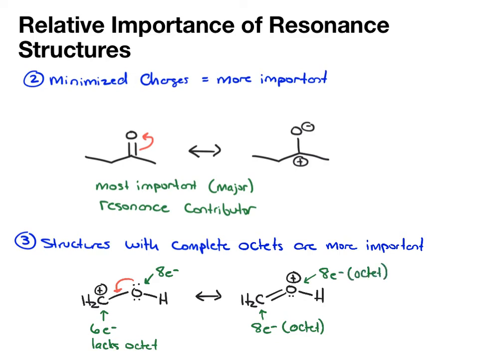So in this structure on the right, all atoms have an octet. So it's the major contributor. Meaning the resonance hybrid looks most like it, or looks more like it than it does this structure.